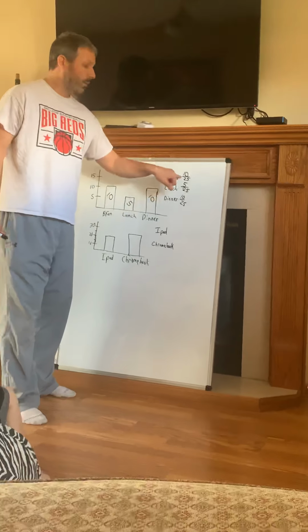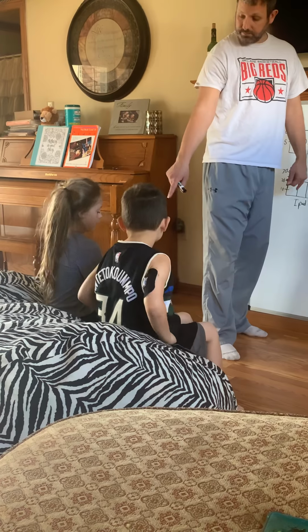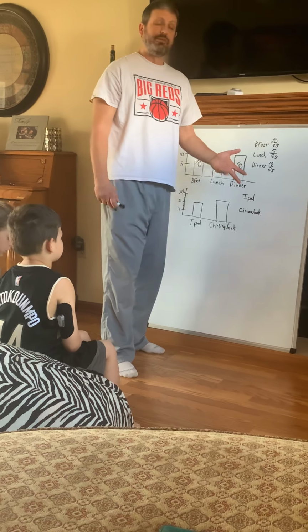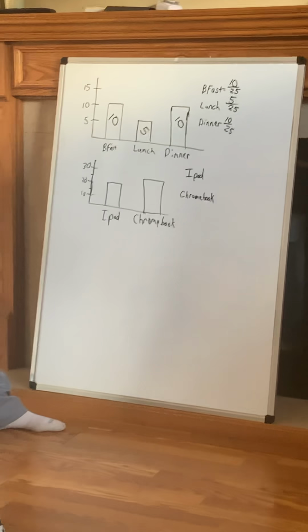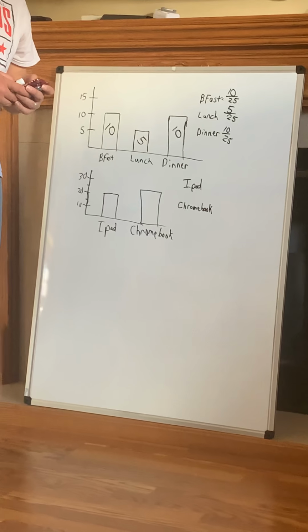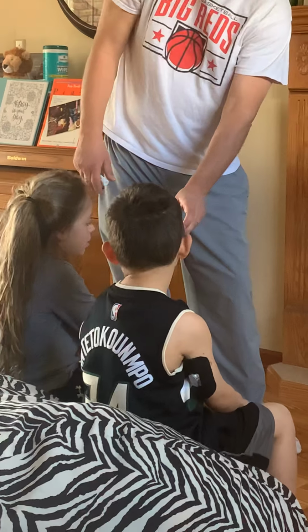So now what do we do with that fraction, Paisley? Divide. Use your calculator. You take the top number, 10, and divide it by 25. You're going to get a decimal. So 10 divided by 25.